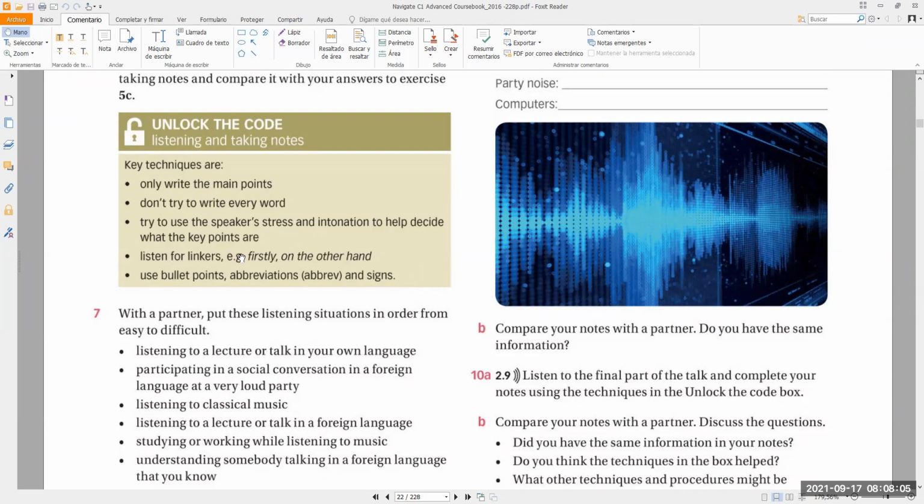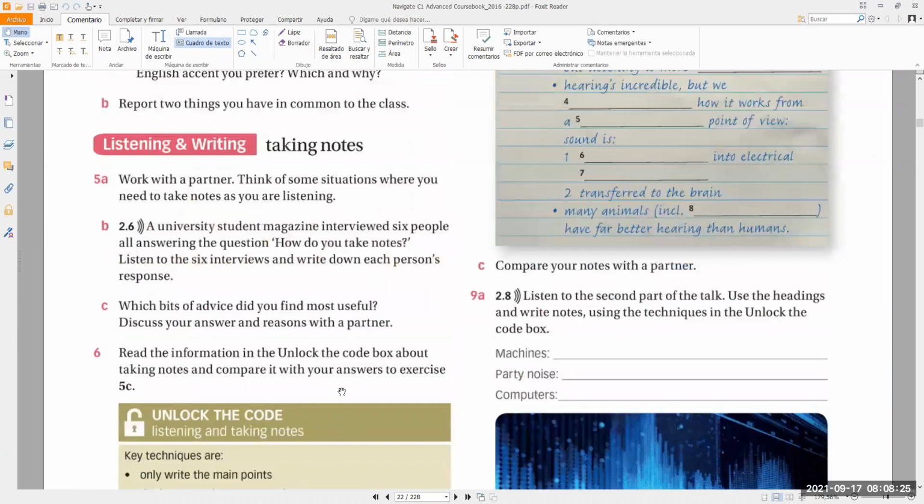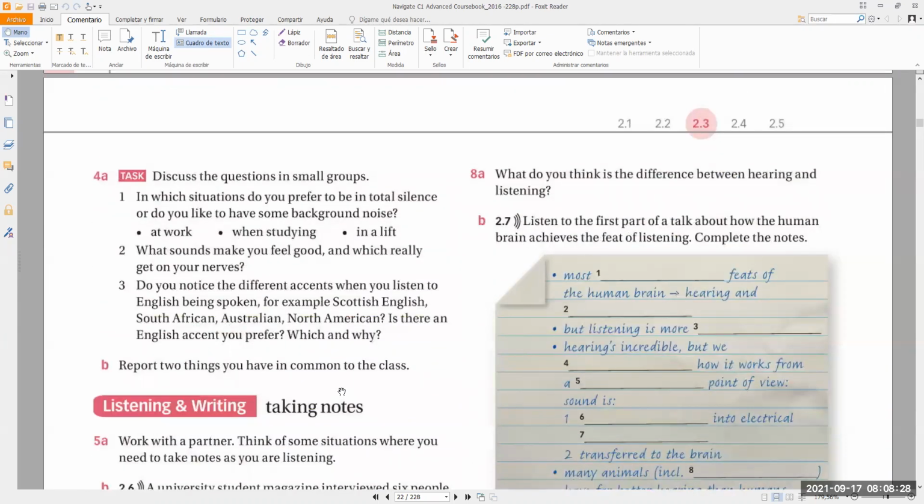So we are focusing not only on the words and their meanings, but also on their stress. Listen for linkers, as this person suggested by the end of the audio, is also very important, and use bullet points, abbreviations, and signs. That's also something very important to do.